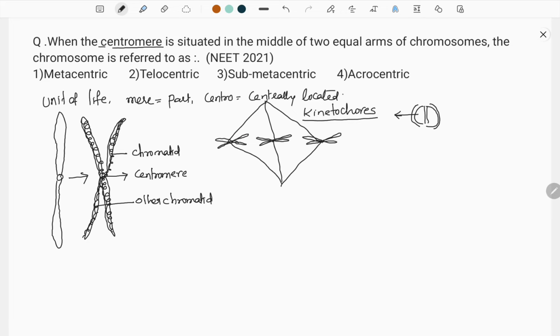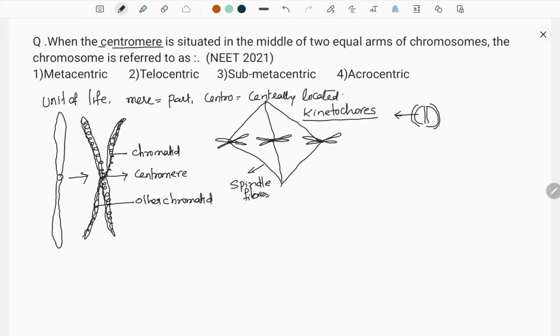So spindle fibers are attached to the kinetochore part of the centromere. That is the functional significance of the centromere, kinetochores and spindle fibers.